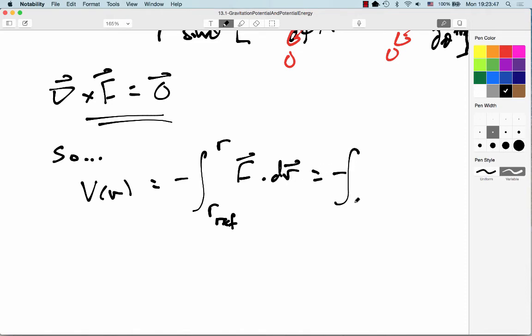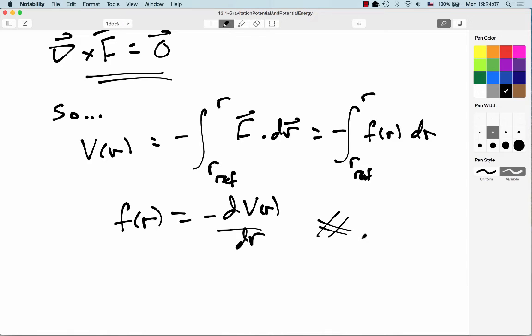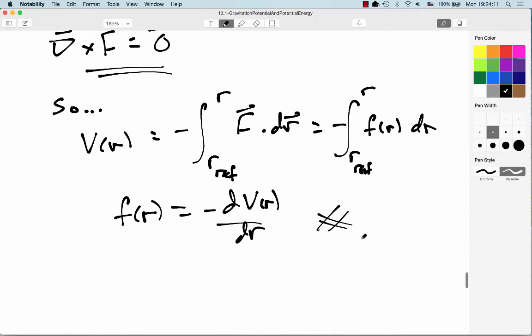So you end up with minus integral r ref to r of f of r dr. Okay. So we can go ahead and formally differentiate that and get that our f of r is minus dV dr, which is what we had before, but just to show that it ties in both directions.